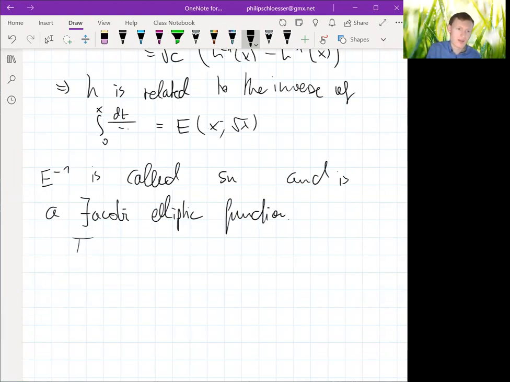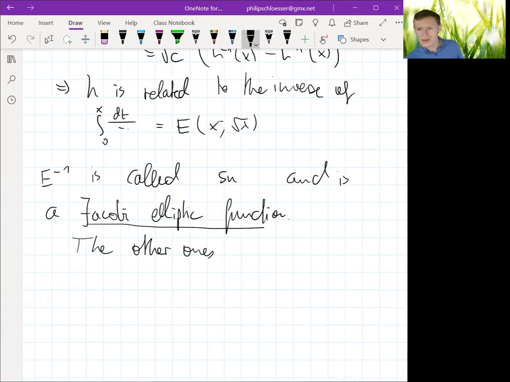So generally the Jacobi elliptic functions are elliptic functions that are characterized by some eccentricity parameter, which is here square root of lambda.